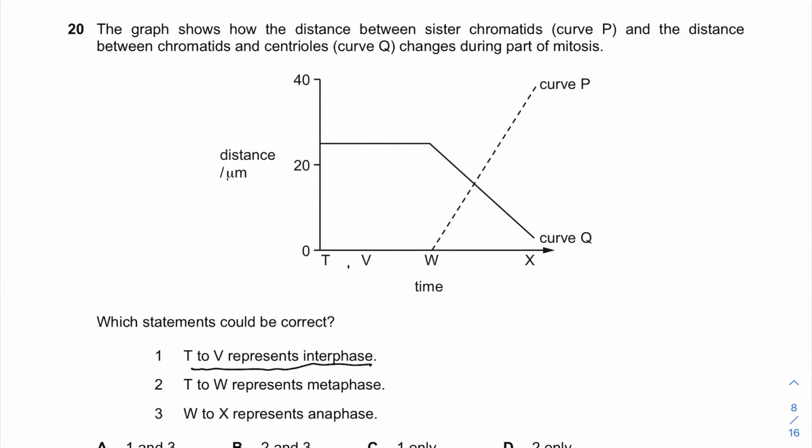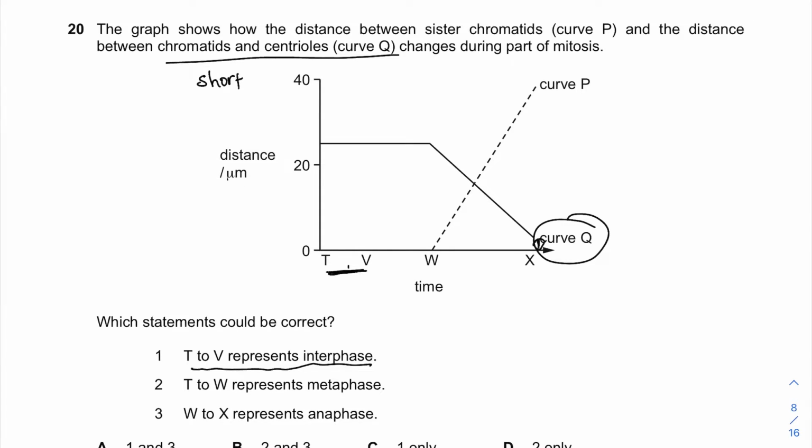So this is the distance between chromatids and centrioles. So chromatids and centrioles would not be the largest, maybe somewhere towards the end. The distance between chromatids and centrioles should be very short in interphase. So in a cell, your centrioles only start to travel during prophase.